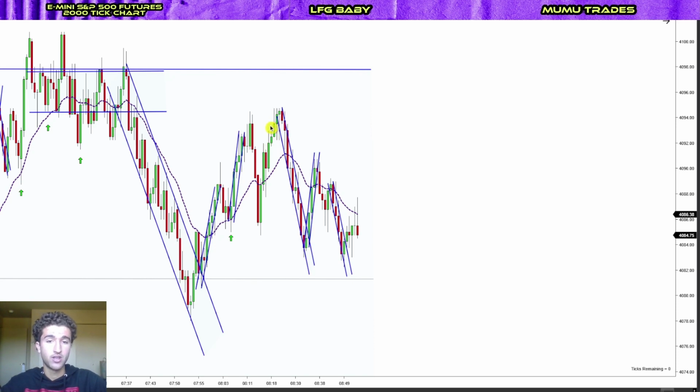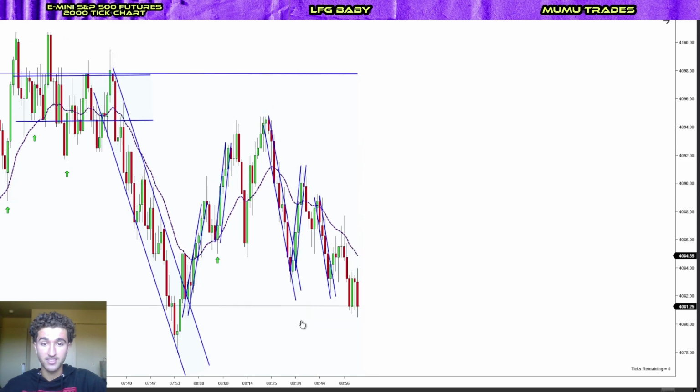We have a break of it. We're working lower and lower and lower. Here's a high, here's a lower high, here's a lower high, here's a lower high. So this is more of a context entry, but once again, we have this downtrend. So because price action rules must be followed, not must be, but are followed in most cases, this is also a nice entry.